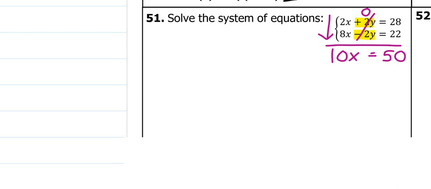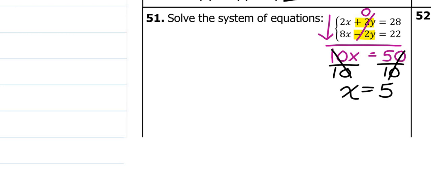So I'm going to divide both sides by 10 to get the value of x. So x equals, the zeros cancel, 5 divided by 1, just 5. So x is 5.